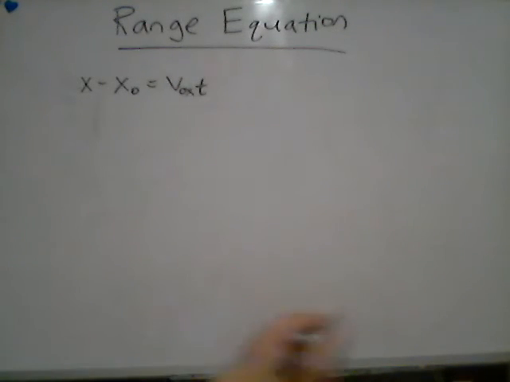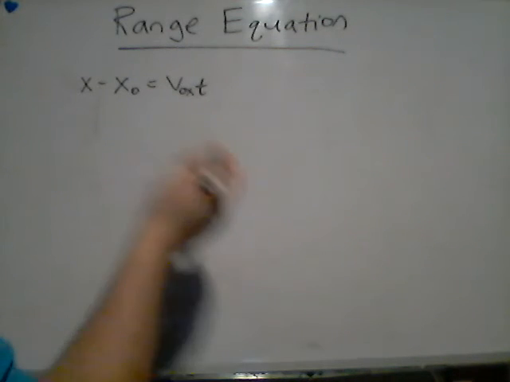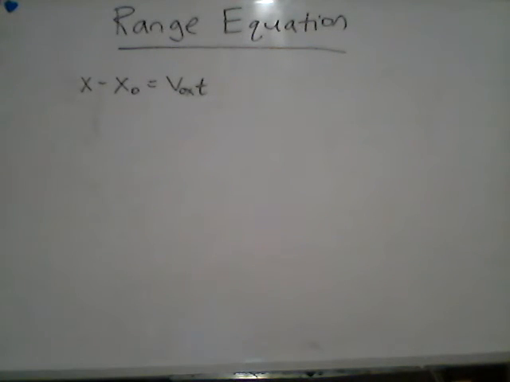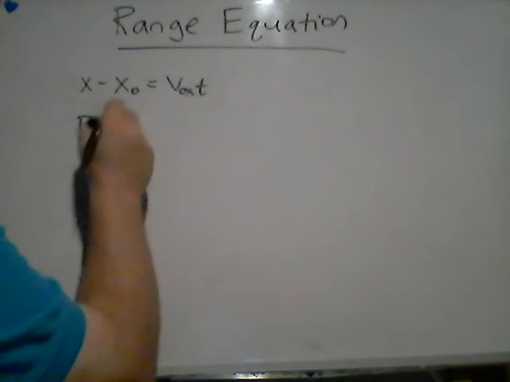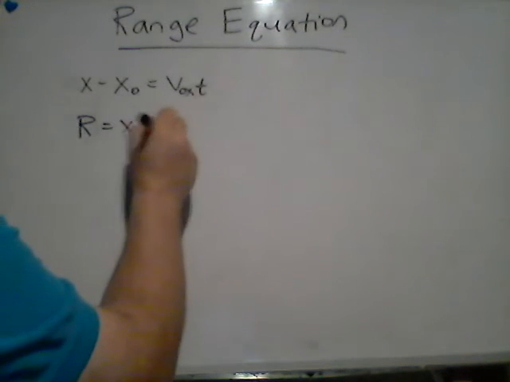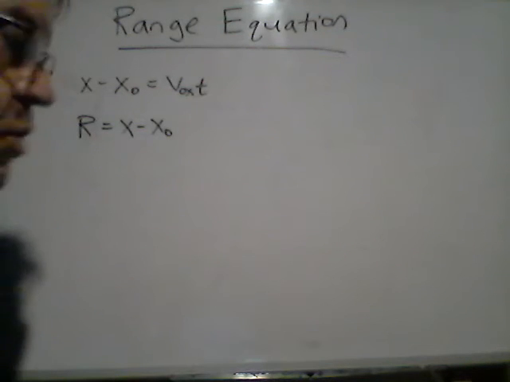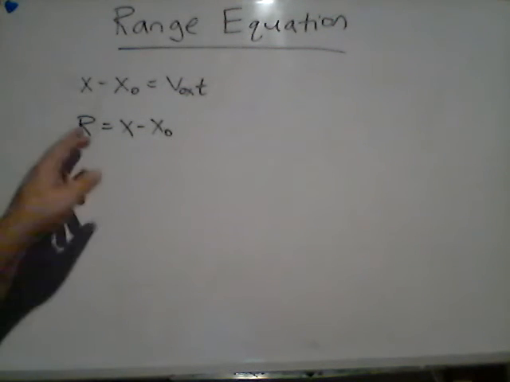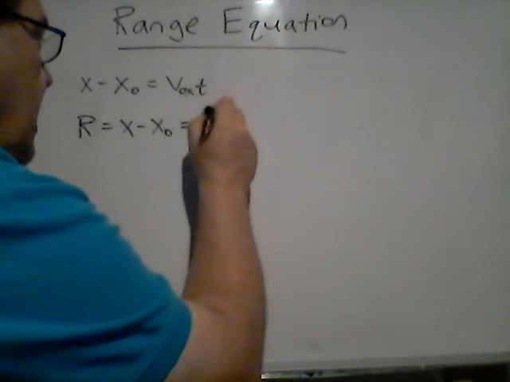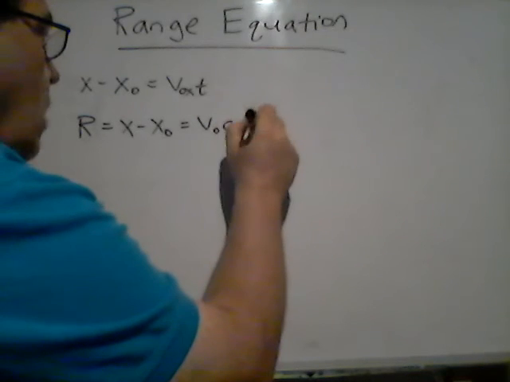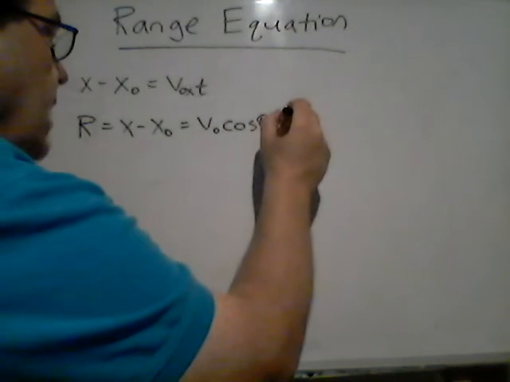For the purpose of this application, we'll define what's called the range. That's basically x minus x naught, the horizontal displacement. We just call it r for the range. And v naught sub x is v naught cosine of theta naught, multiplied by t.